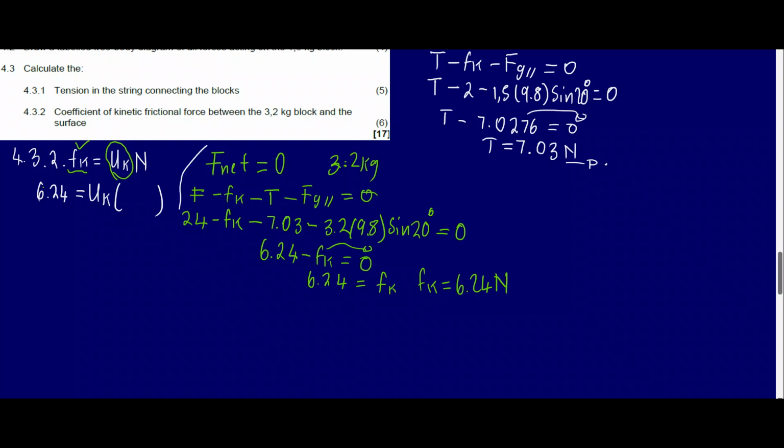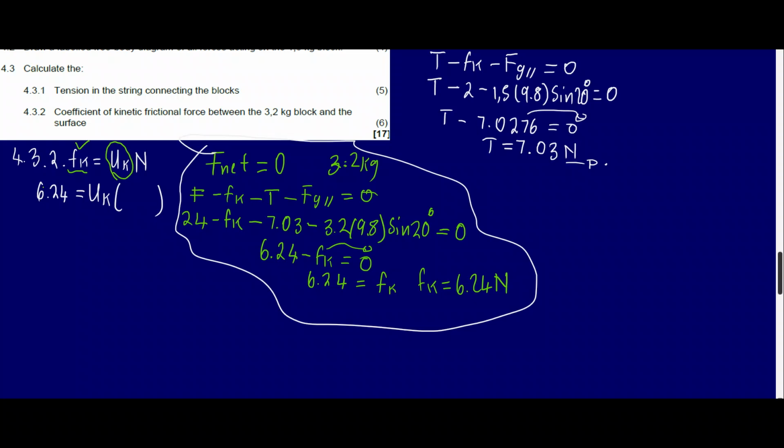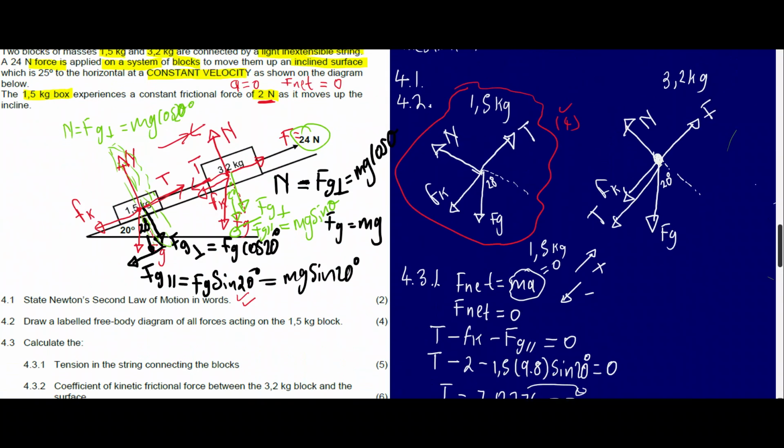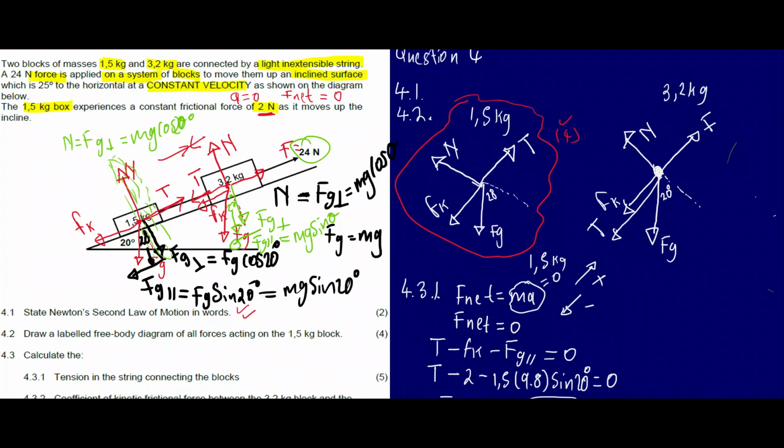So I'd substitute 6.24 and then the mu k. I need the N now. What is the N value? Because this is an inclined plane, for the normal force in most cases, you will have to consider the vertical forces of a specific block. So the only vertical forces acting here, what's going up is the normal force, and what's going down is Fg perpendicular.